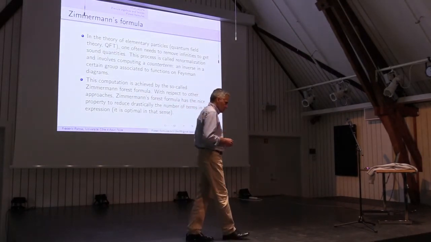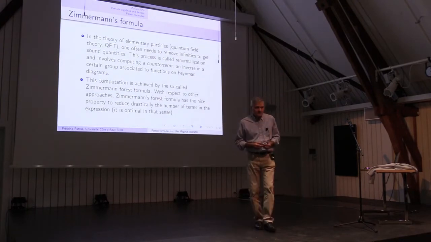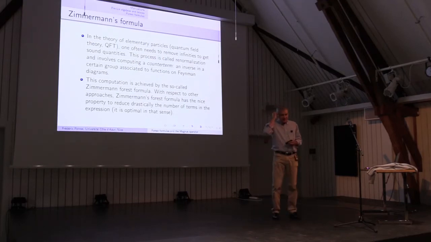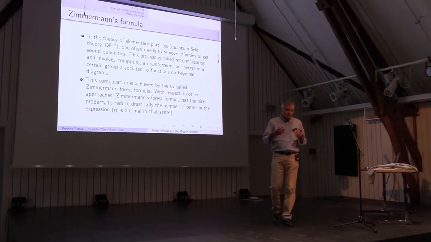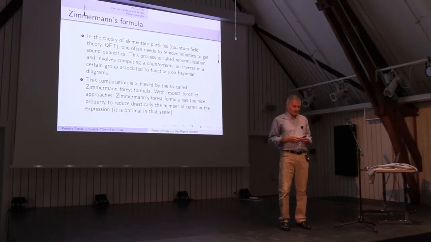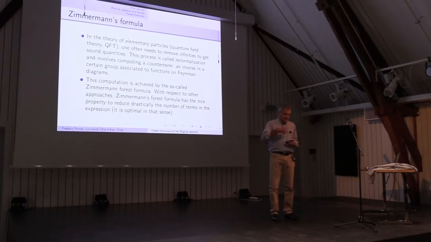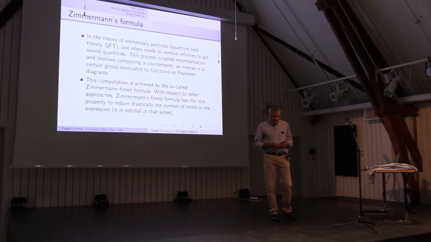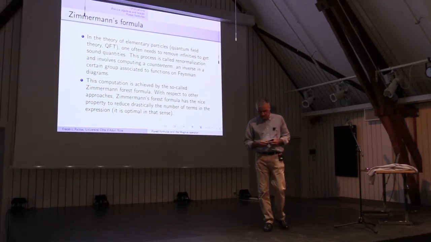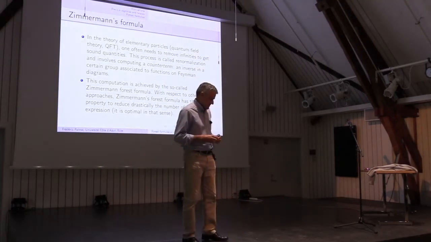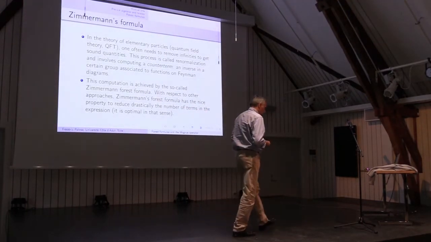I worked some years ago with Frédéric Magnus on this problem, and we managed to understand that this Zimmermann forest formula was actually a particular case of a general formula that can be obtained for group inverses in Hopf algebras, which are called antipodes. So the antipodes in a family of Hopf algebras, say from the point of view of functions on groups, with respect to the computation of the inverse.